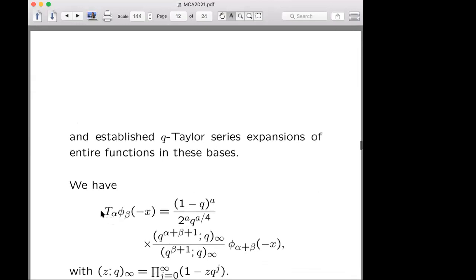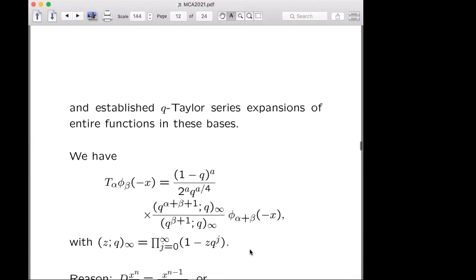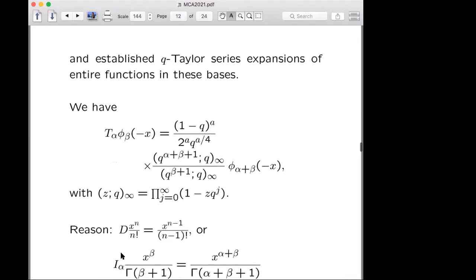And what happens is that if I act with this operator on this thing with beta, now beta is not necessarily an integer, you see, I get alpha plus beta. So it's exactly like fractional integrals. If I differentiate x to the n over n factorial, I get x to the n plus 1 over n plus 1 factorial.